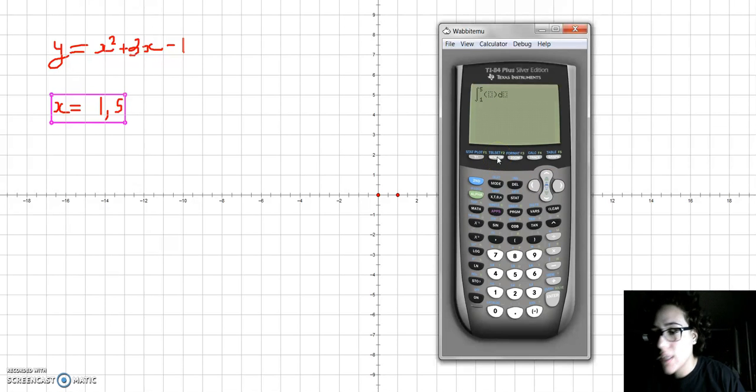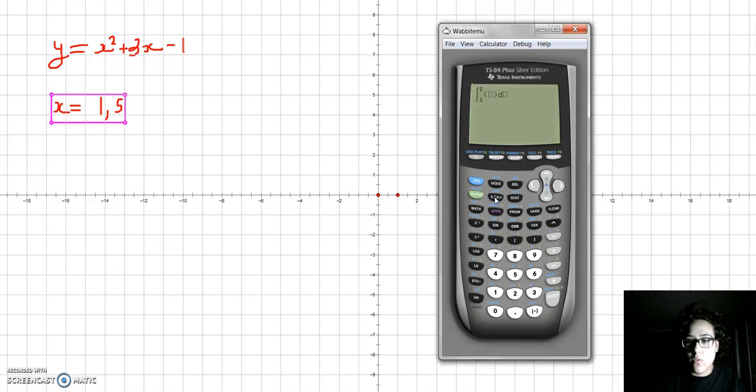Within the parentheses, this is where you want to enter your actual equation that you're trying to find the integral of. You would use the button that says X, T, theta, n, because this is where you're going to be using your variables.